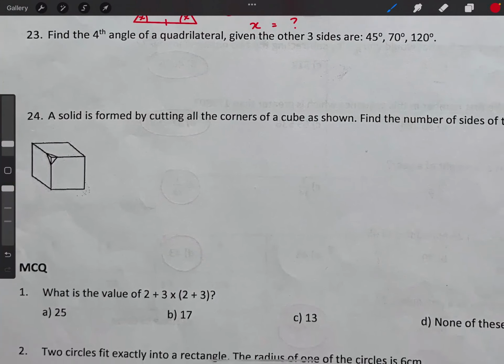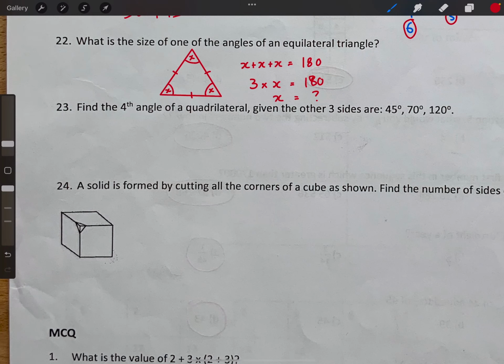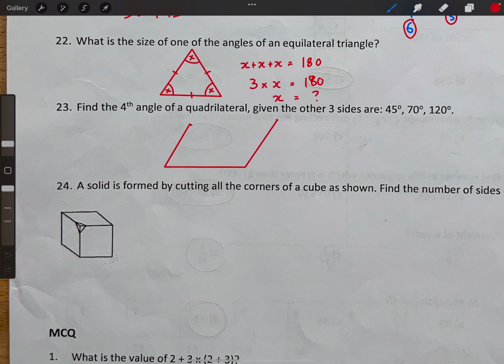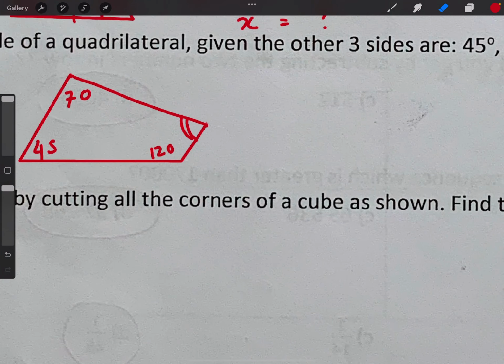Question 23. Find the fourth angle of a quadrilateral given the other 3 angles are 45, 70, and 120. So this is probably 45, this is 70, this is 120. What's this angle here? Okay, let's call it angle x, that one there, I'll color it in blue.